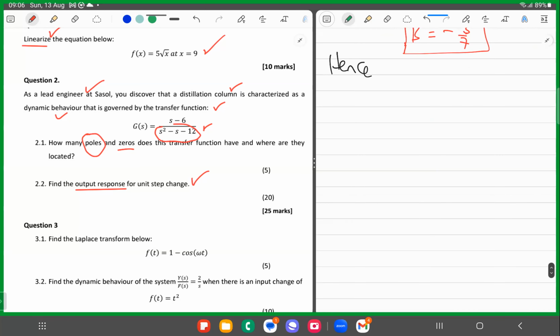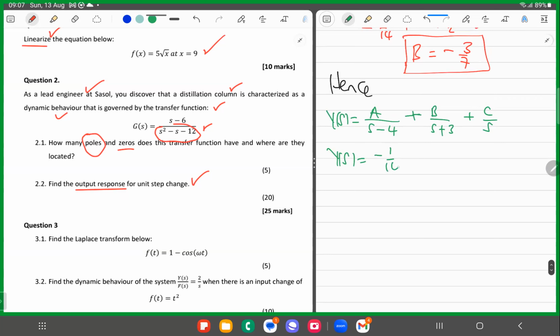So it means therefore we can write that Y of s is equal to A over s minus 4 plus B over s plus 3 plus C over s. So what is our A?